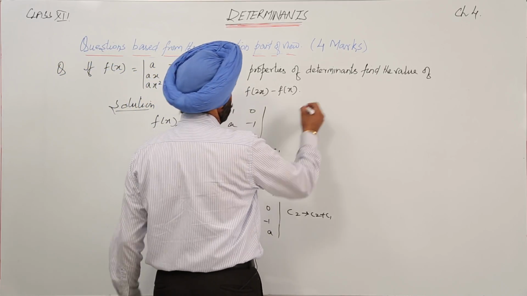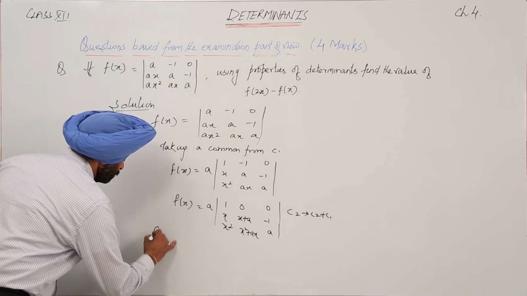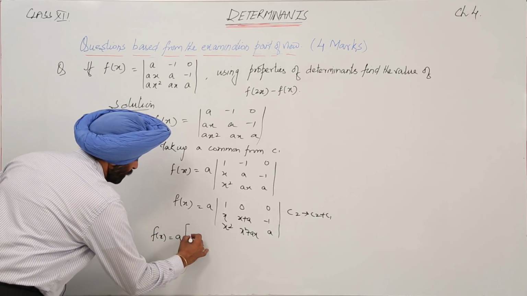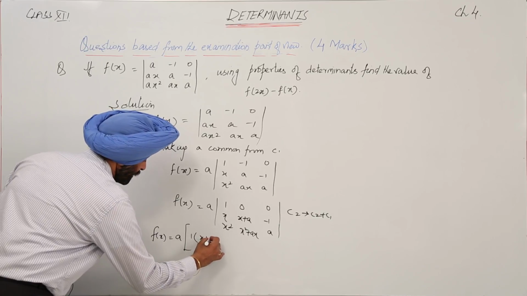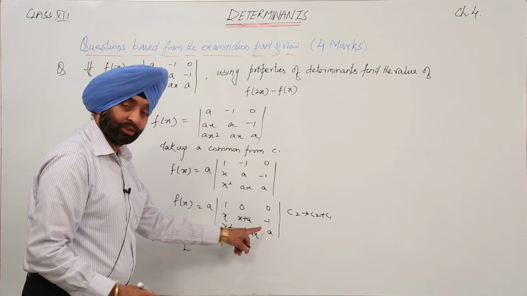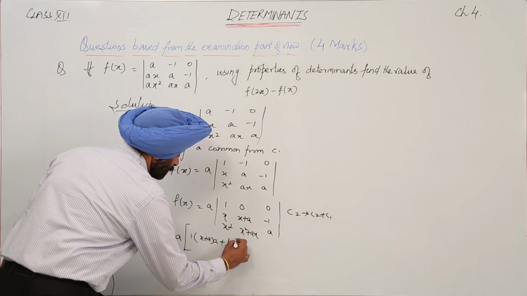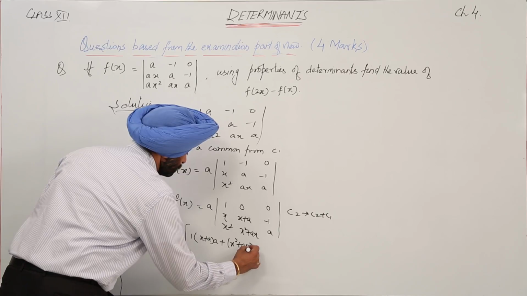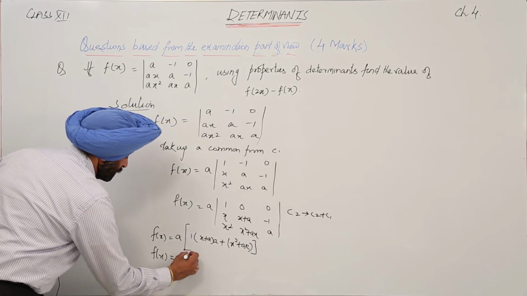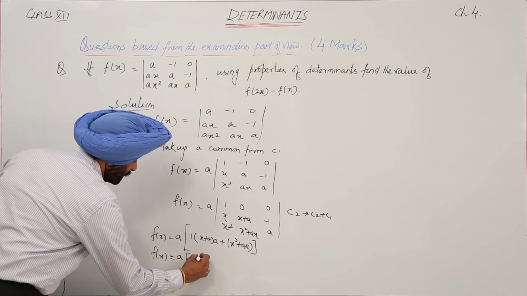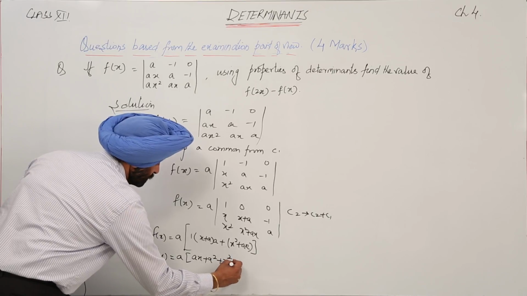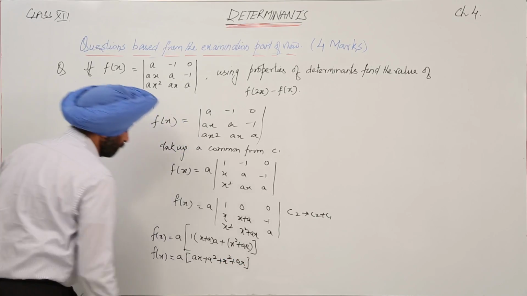Now f(x) is equal to a with 1, now x plus a with a plus, because here it is minus 1, plus x square plus ax. We are having f(x) is equal to a. Now this becomes ax plus a square plus x square plus ax.